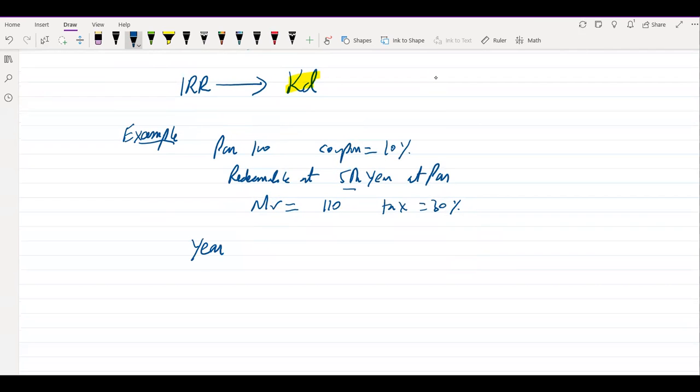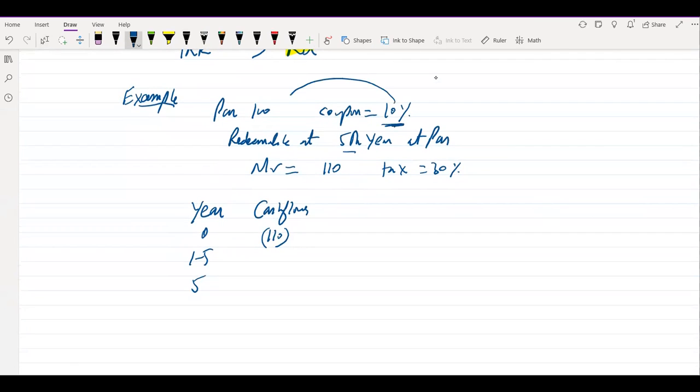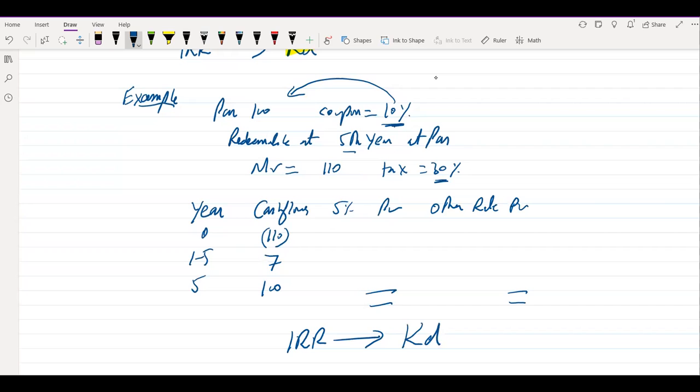Let's say 5 years, 0, 1 to 5. In the cash flows, put the market value as a negative number. Coupon is an interest rate, take its after-tax value: 10% of 100 is 10, after tax it is 7. Redemption value 100. First discounting at 5%, answer. Second discounting at another rate, answer. Calculate IRR. That IRR will be equal to the KD.